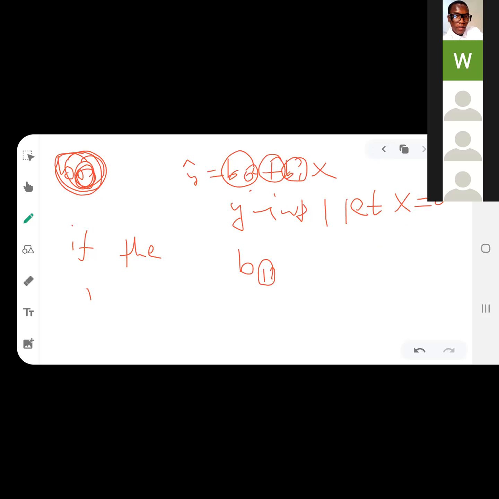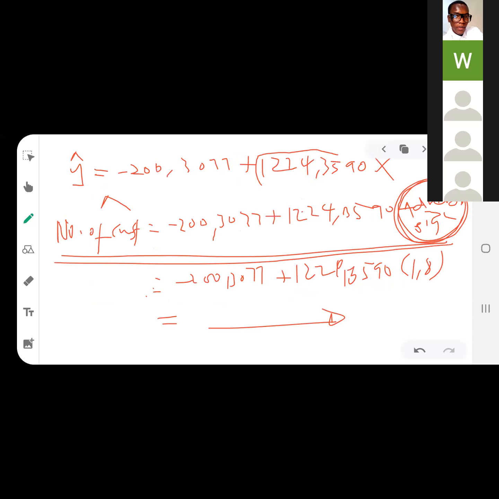So you will say, for every incremental or additional unit of advertising sign, the estimated number of customers will increase, because of the positive sign, by a factor of 1224.3590, which is your B1.